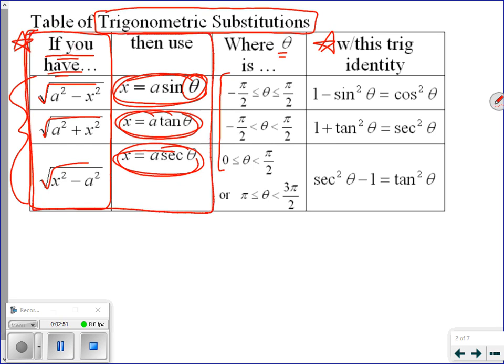So let me just quickly explain why this square root function is able to turn into this trig function. All it's using is right triangle trig properties to substitute in some values. For this first one, they're making the assumption that we have a triangle with a theta value. For the first one, they're stating that the hypotenuse is a and the opposite side is x.